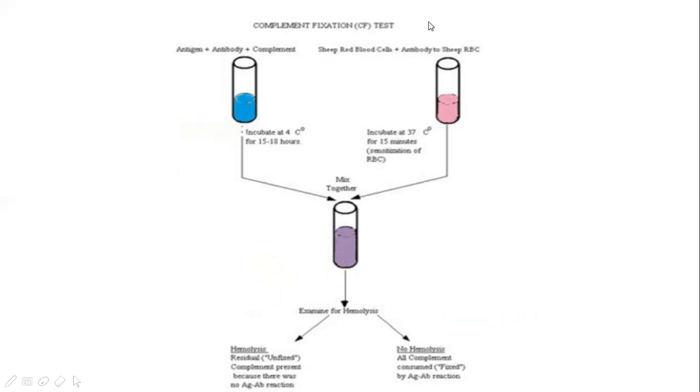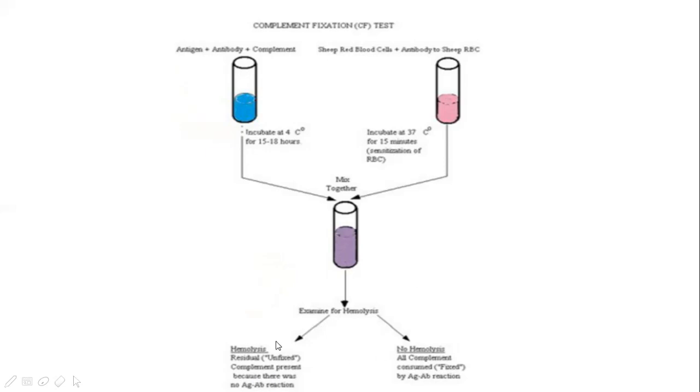And then we add the hemolytic system, meaning sheep RBC, along with the antibody raised in sheep blood. We incubate both at 37 degrees centigrade for 15 minutes to sensitize the RBCs, and then mix it together, incubate it at 37 degrees centigrade for 1 hour, and then examine whether hemolysis is there or not.